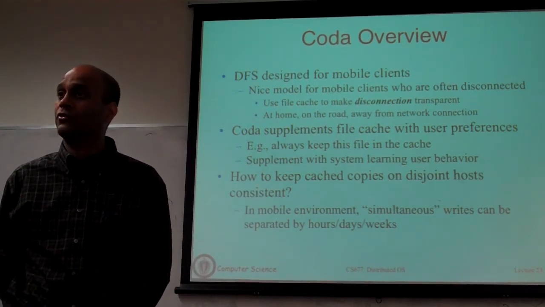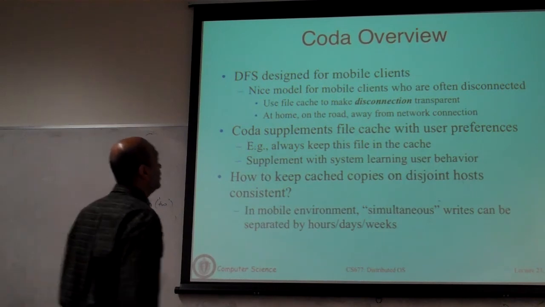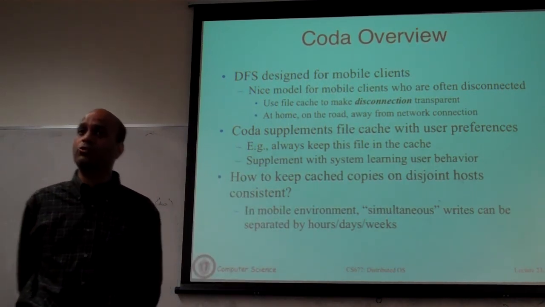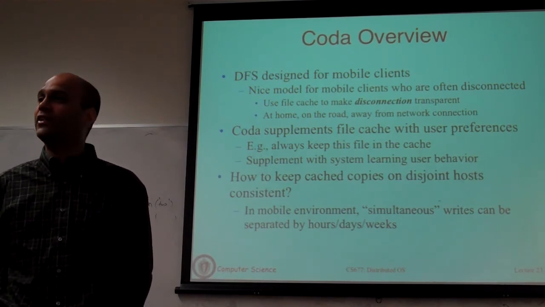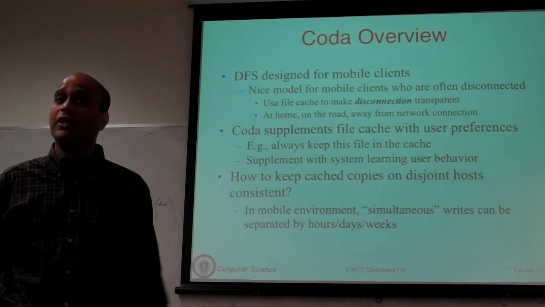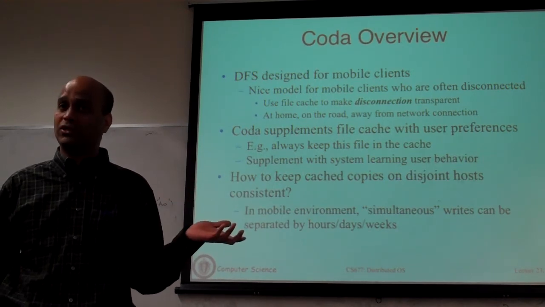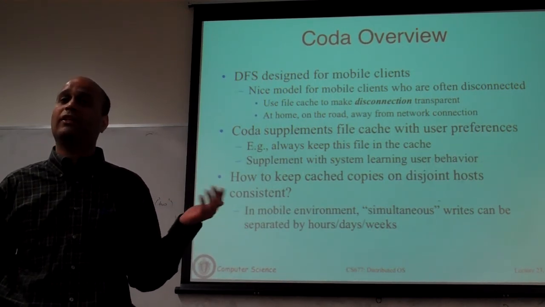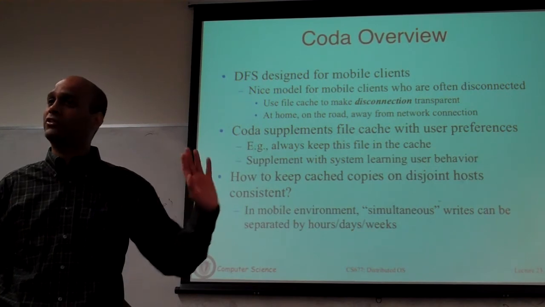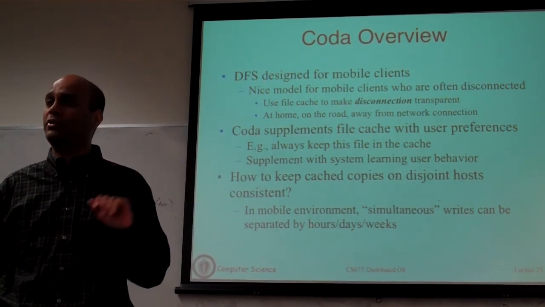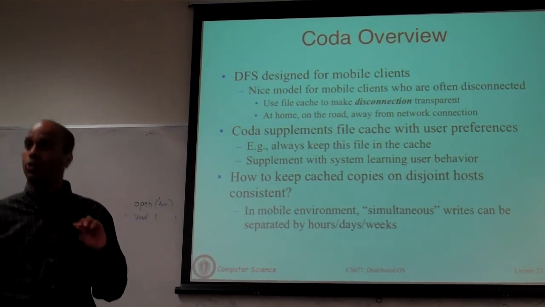Coda is actually the name of a research project that was done at CMU back in the late 80s and the early 90s. Eventually, the Coda file system did become commercialized. There was a predecessor to Coda called the Andrew file system. So some of these ideas have become commercialized, and some of this code actually made its way into Linux and so on.